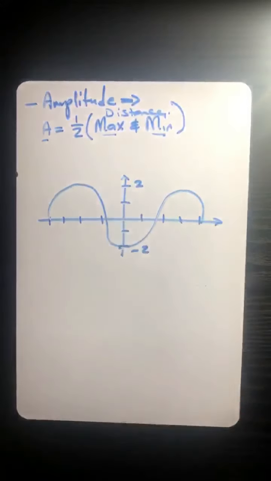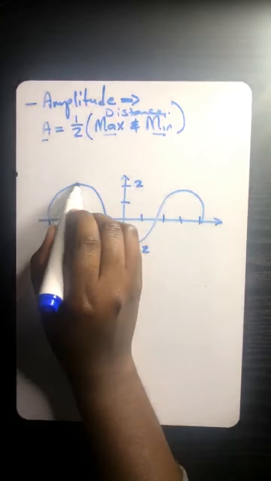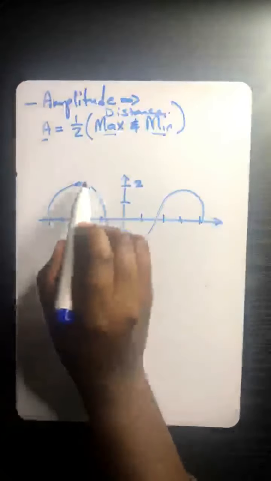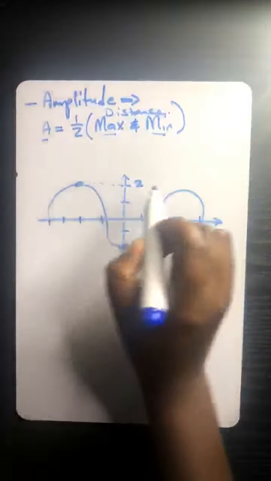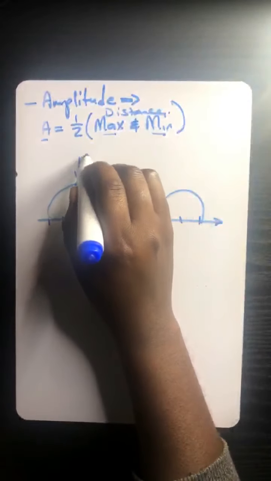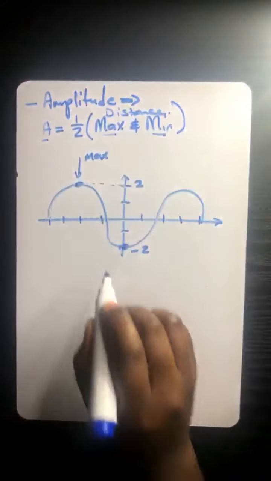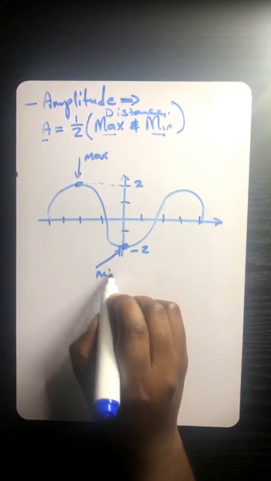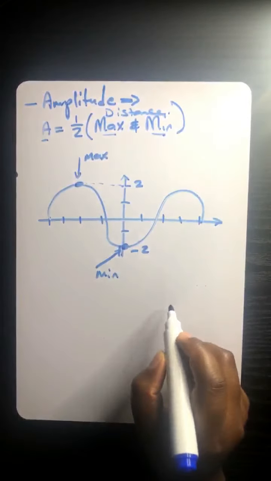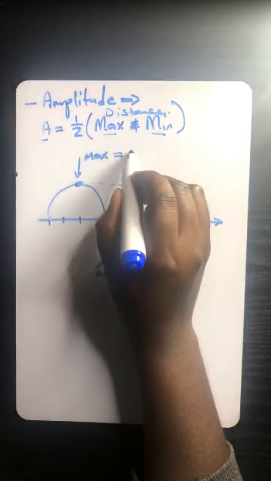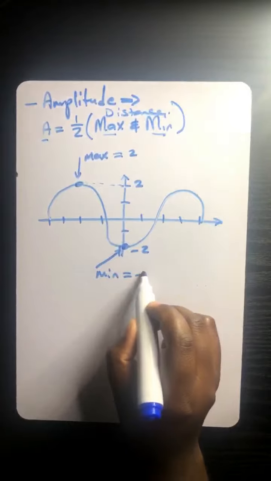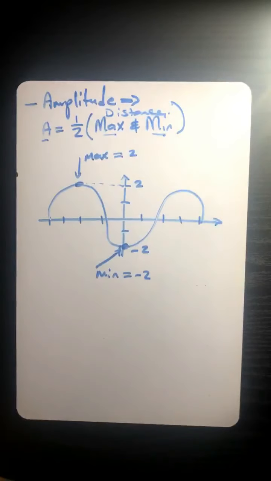Do you agree that this point and this point are the maximum value? And this turning point below is the minimum value. So the maximum value is equal to 2 and the minimum value is equal to negative 2. Does it make sense to everyone what I've just explained?